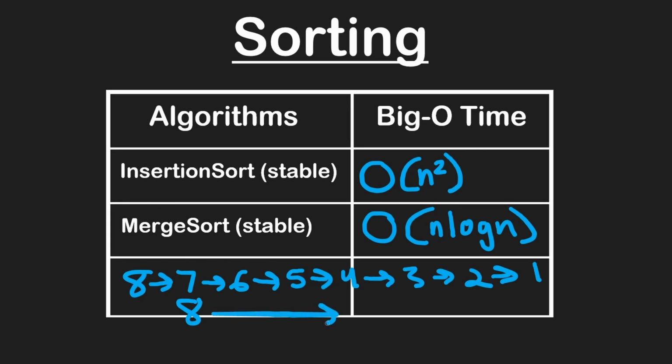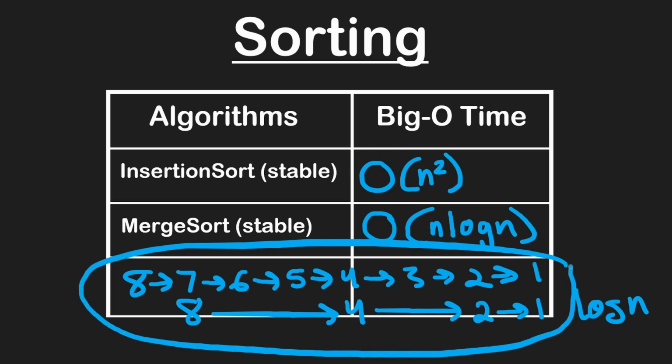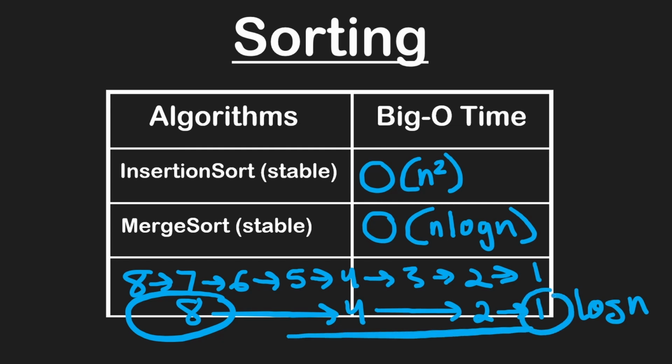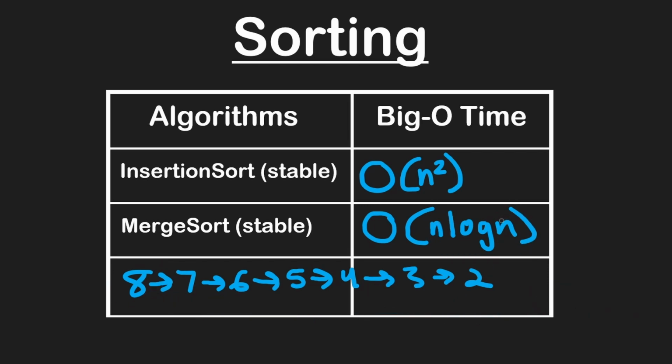We're going to hit 4, and then we're going to divide it by 2 again. We're going to hit 2, and then we're going to hit 1. This is a small example, but this is equivalent to log n. But you can imagine for really, really big numbers, it's going to be a lot faster to take a big number and keep dividing it by 2 to get it to 1, rather than taking a big number and subtracting 1, which would be linear. So log n is very, very efficient compared to n.